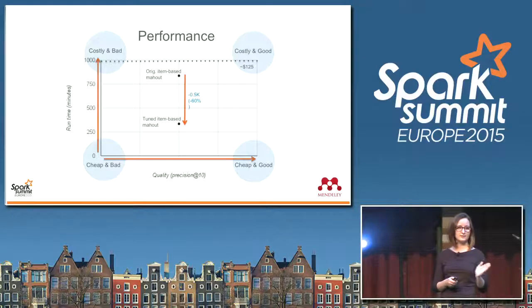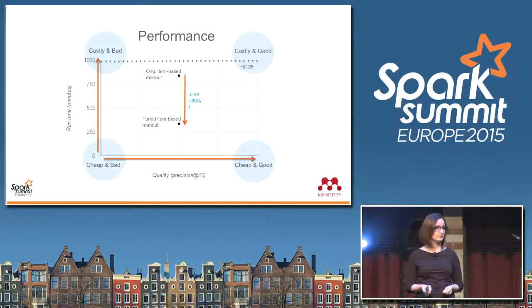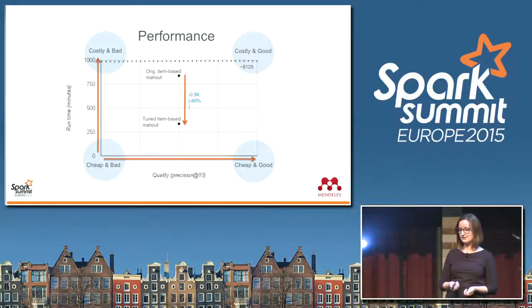We had stragglers, so we spent quite a bit of time tuning and optimizing it by allocating more tasks, by using a better partitioner, and just optimizing it quite a bit. And that gave us about 60% improvement in performance. So we were quite happy. It cost us a lot less.